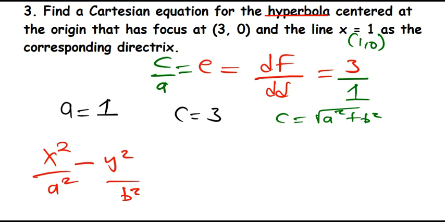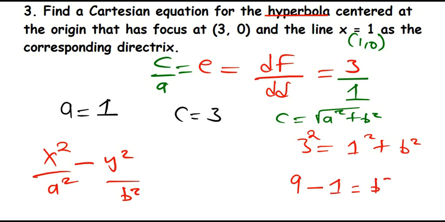Our c is 3, our a is 1, and our b is what we don't know. Square both sides so that the square root disappears on the right. You have 9 minus 1 is equal to b squared, so b squared becomes 8.